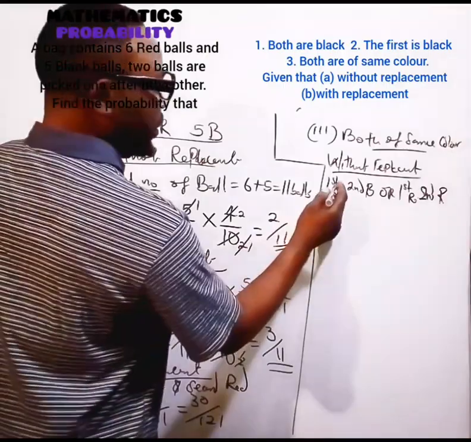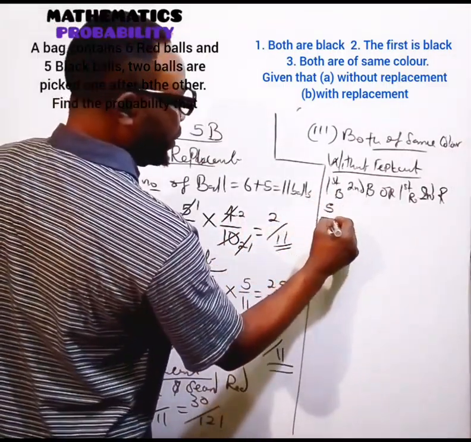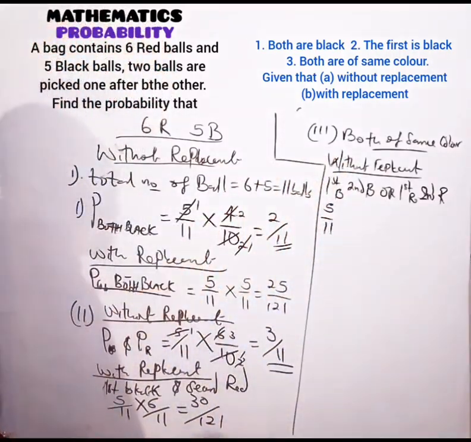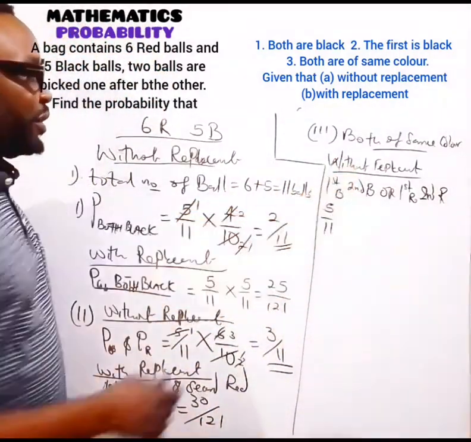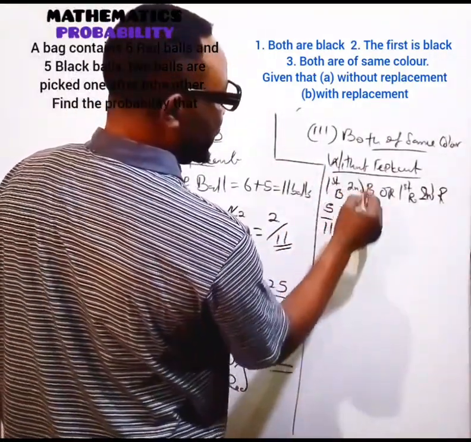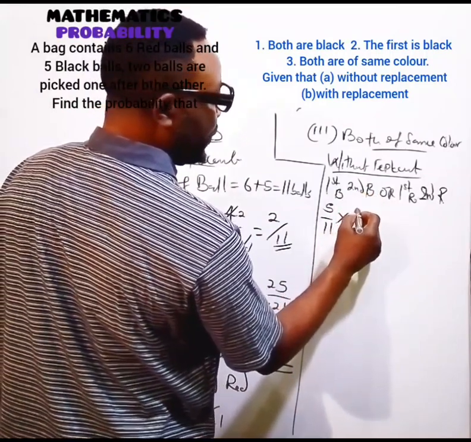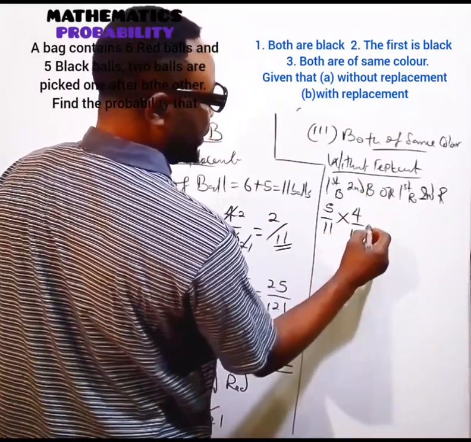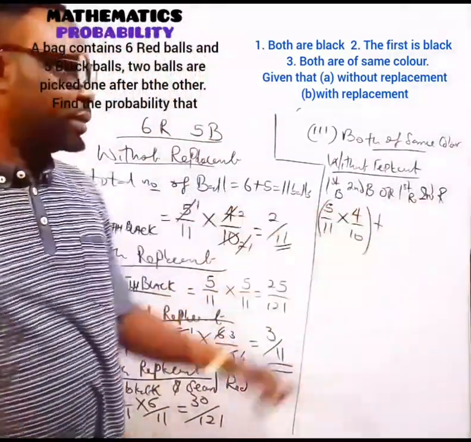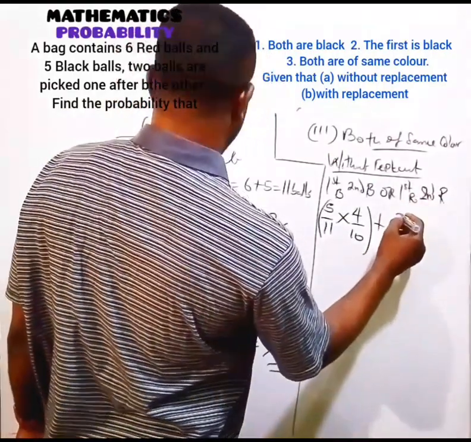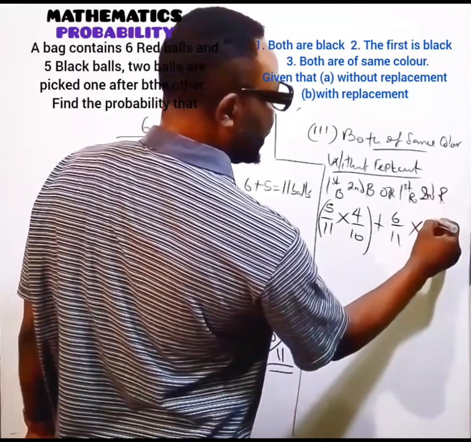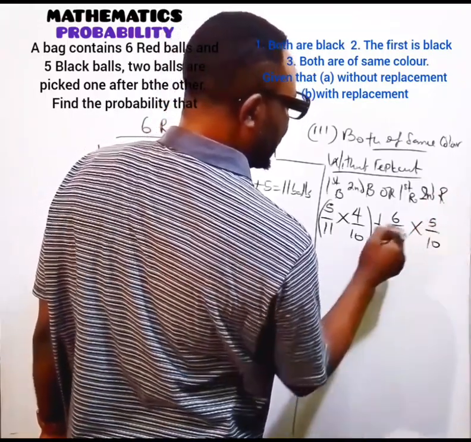So this will be, first is black, that is 5 over, what's the total number? 11, without replacement. Don't forget, they did not return it back. 5 over 11, multiplied by second is black as well, that will be 4 over 10, plus first is red, that is 6 over 11, multiplied by second is red, that's 5 over 10 as well.